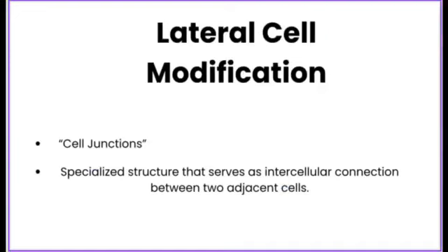The last type of cell modification is lateral modification. It is the type of modification located on the sides of each cell. It is called a cell junction because it is a specialized structure that serves as an intercellular connection between two adjacent cells.